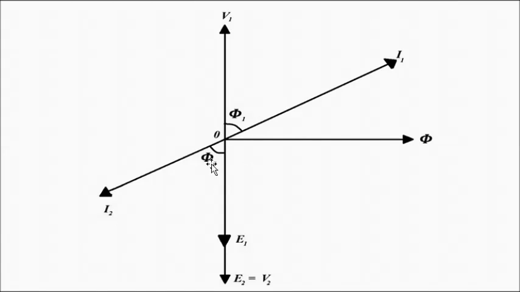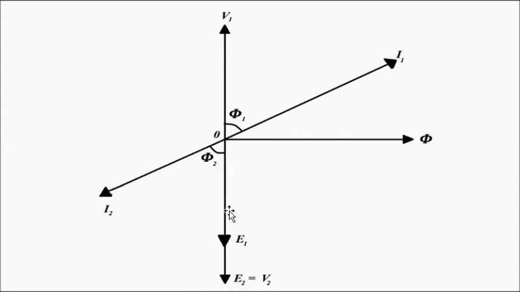I2 is here, so I1 will be exactly the opposite, with a 180 degree phase difference. V1 is leading the flux by 90 degrees, V2 is lagging behind the flux vector by 90 degrees. And V1 and E1 are in opposition as per Lenz's law.